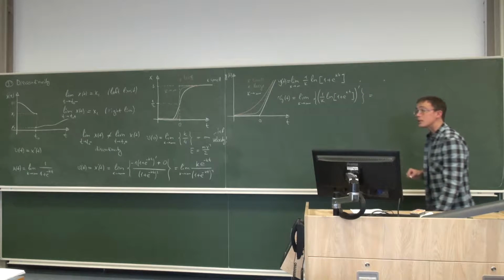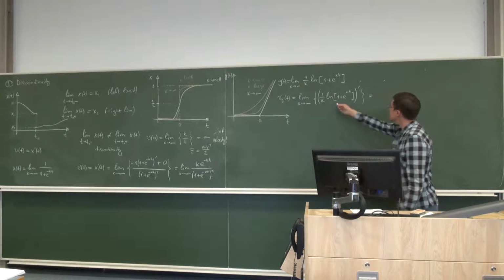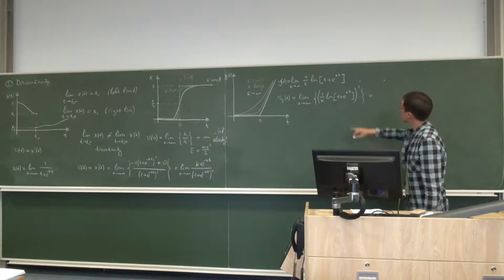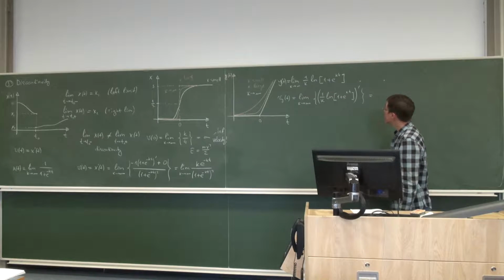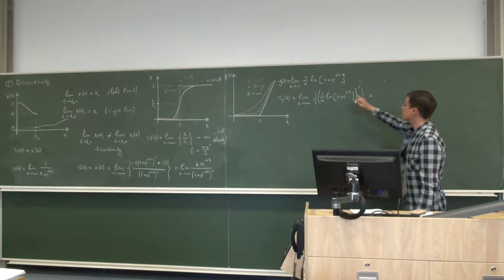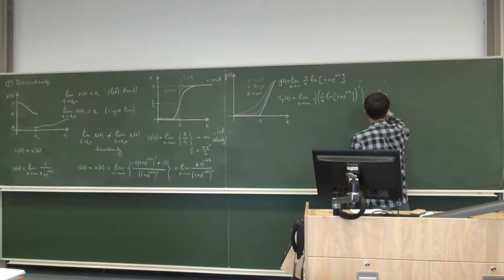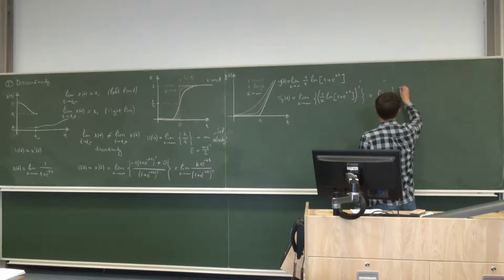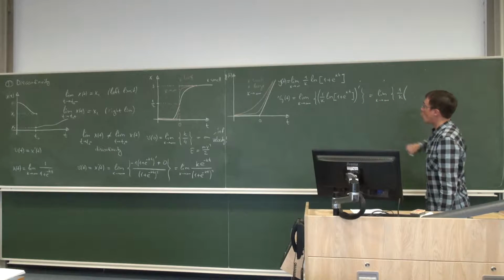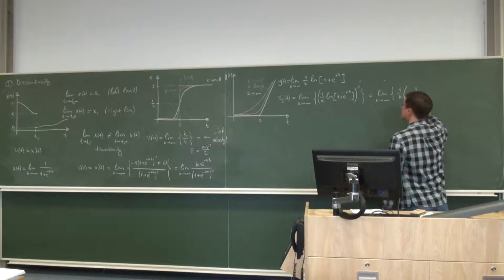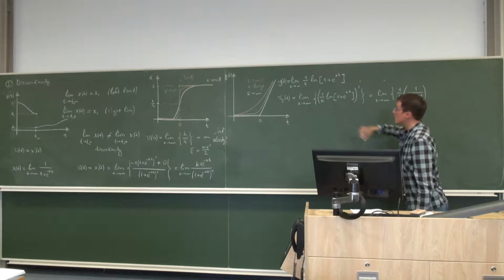Well, we all know how to take derivatives with respect to time. 1 over k is a constant. I will take it out of the bracket, and from there we just have a chain rule. So we have the outer function, that's the log, and then the inner function is 1 plus the exponential. Derivative of the log is 1 over whatever occurs under it, so let's just do it. Limit k going to infinity of 1 over k, and then derivative of the log is 1 over 1 plus e to the kt, times the derivative of whatever occurs inside.